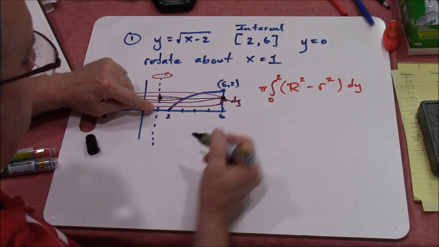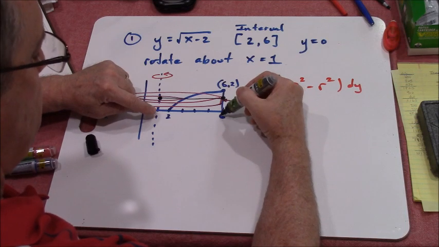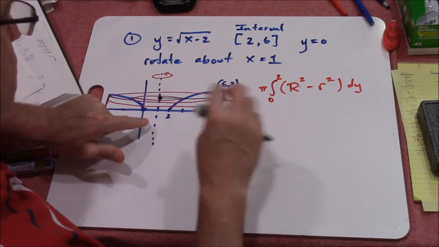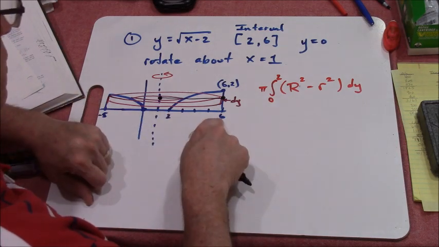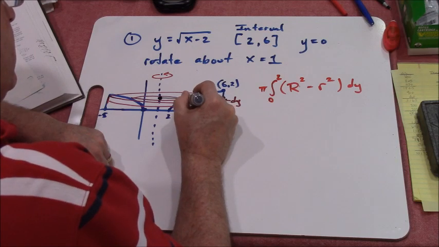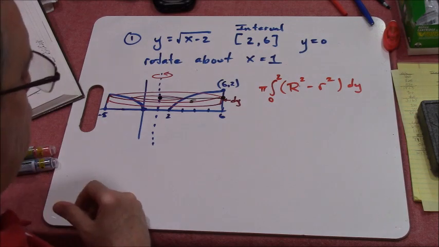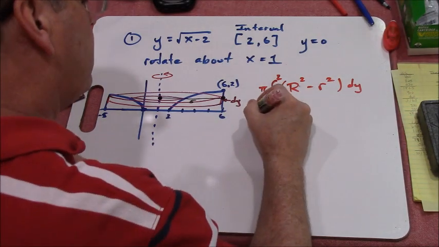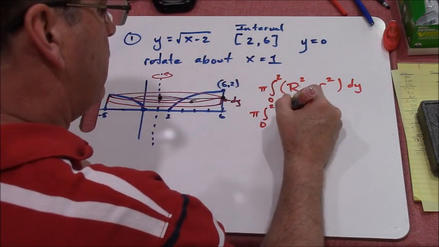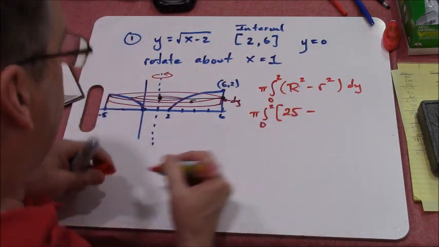It's always at 1. As you move this up and down, it doesn't change either. It's always at x equals 6. And so my radius there, remember what we did in the last video? Larger number minus smaller number. So 6 minus 1, that means that radius is always going to be 5. So that's my large radius squared. So I've got the integral from 0 to 2. 5 squared is 25 minus what I get for the small radius.